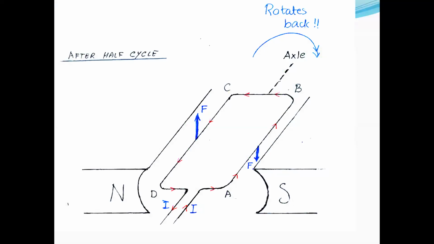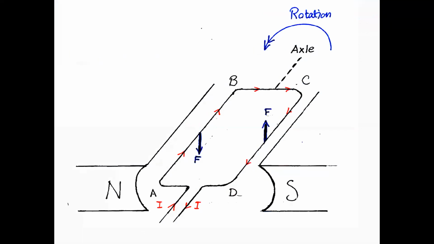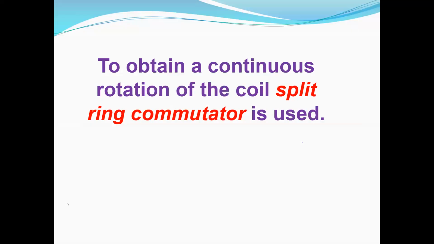This was a technical problem with the motor design because the forces are in the same direction. After half a cycle, the coil flipped back and was not ready to rotate fully. They wanted the coil to rotate in one direction.